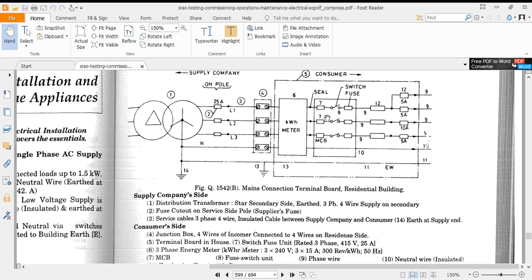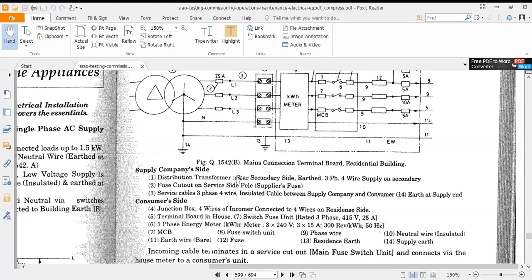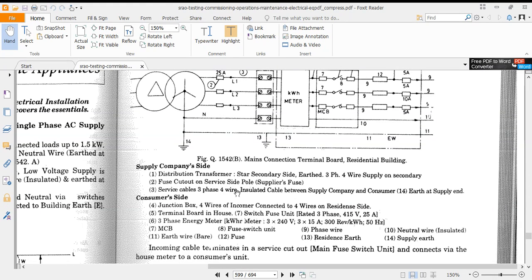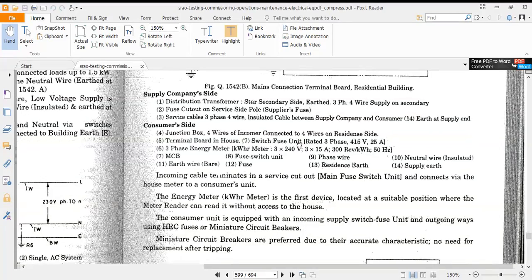Then 7, MCBs; 8, fuses; 9, phase wires; 10, neutral wire; 11, earth wire; 12, again the fuses, secondary fuses; then 13, residential earth point; and 14, supply earth point. All these things we have as a connection terminal board in a typical residential building. Maybe this is true even for a commercial building.